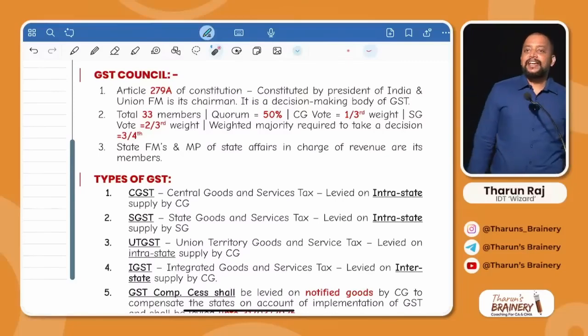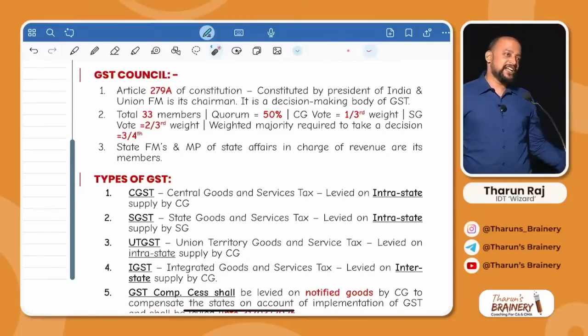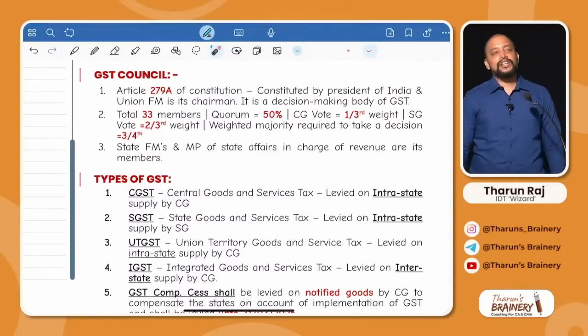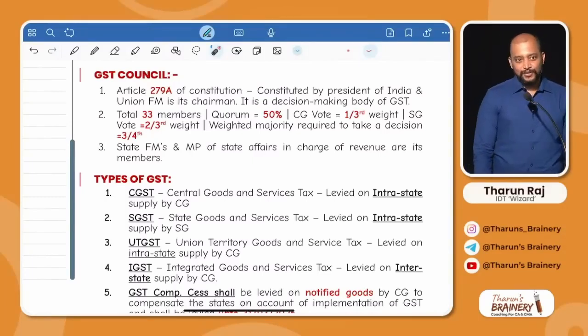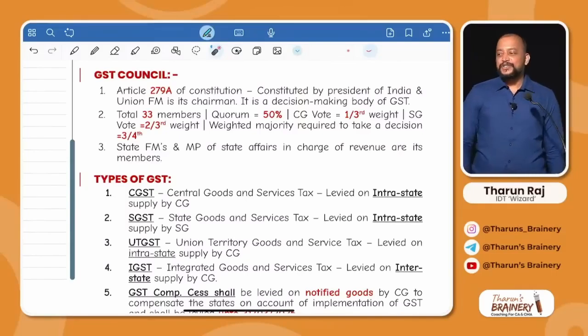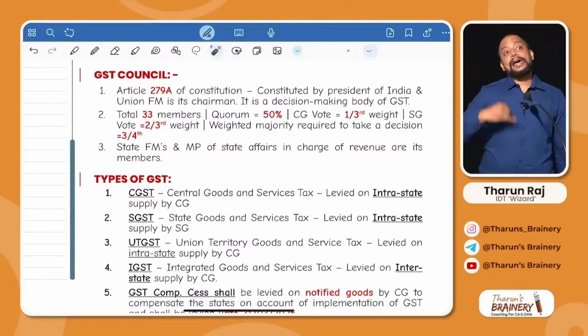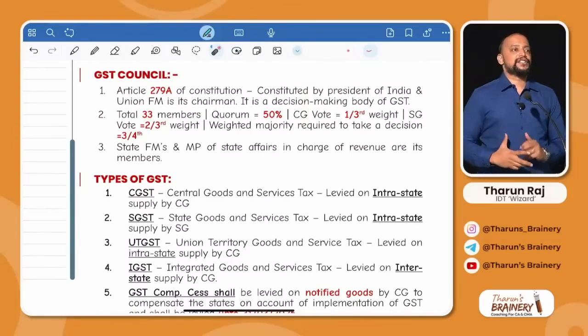She has been the Finance Minister for all these years, and it may happen in future that the Finance Minister position changes. So the Union Finance Minister is the chairman, a member. Next, who else will be there? Every state also will have a finance minister. That finance minister also will be part of the GST Council.